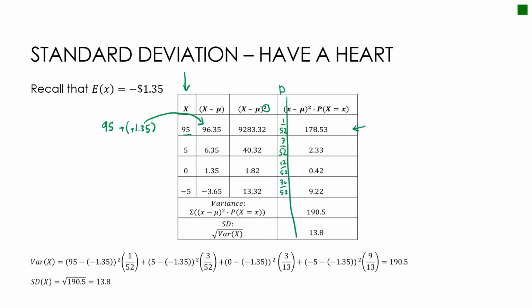And really what I was doing is taking this number times this number, which is the probability, to get this answer. And again, I did that over and over, and I added all of those up, and that gave me my variance. So my variance was 190.5, and then I just take the square root of the variance, and that gives me my standard deviation of 13.8.